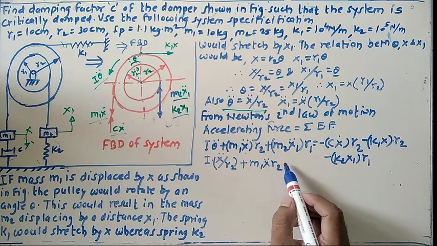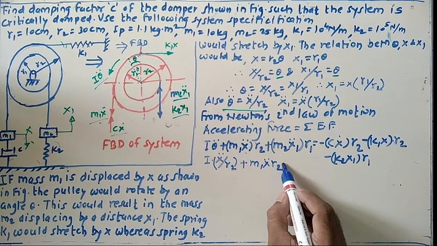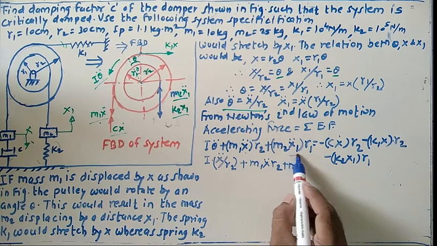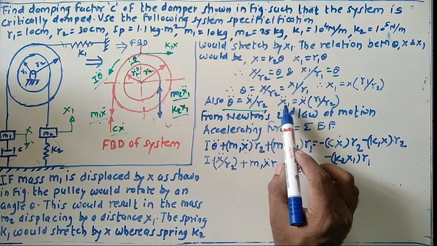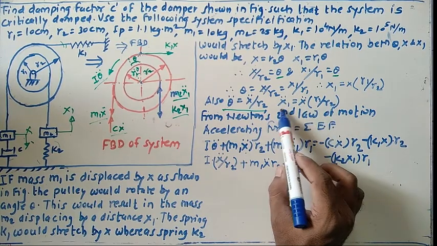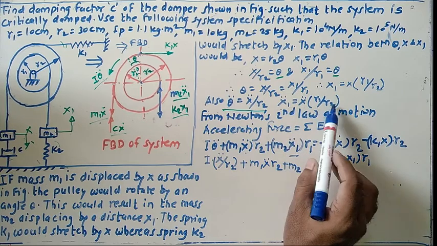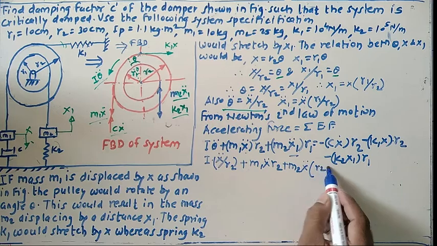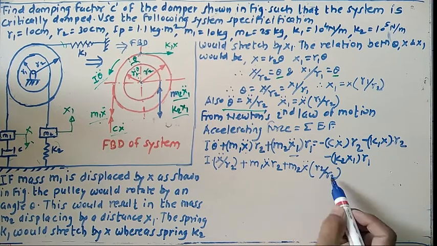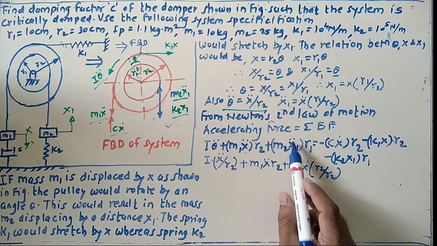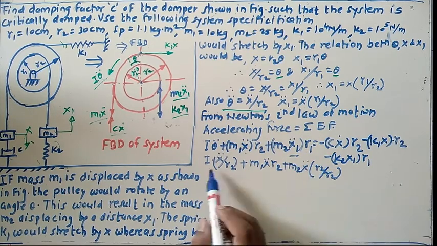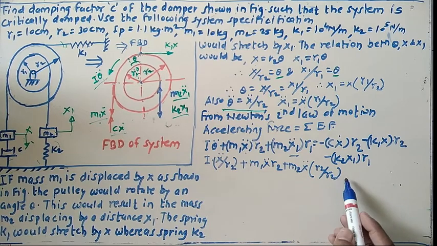Then the next one is m2 multiplied by x1 double dot. What about this x1 double dot? We already have this relation in terms of x: x double dot into r2 divided by r2, like this. This is the x1 double dot. You can convert this x1 also into x. So if you see this equation, we can get it in terms of only x.